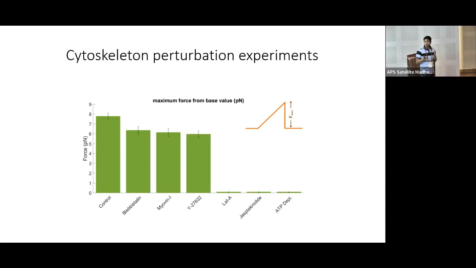We were still able to see those force peaks coming, but when we disrupt the actin using latrunculin A, which can depolymerize the actin inside the cell, then we don't see those peaks occurring at all. Even when we stabilize the actin, so when we arrest the dynamics, we don't see those peaks coming. And when we deplete the ATP level inside the cell, then also we don't see the active peaks coming. So we conclude from here that this is an active process, and the dynamics of actin is important for this force generation to happen.